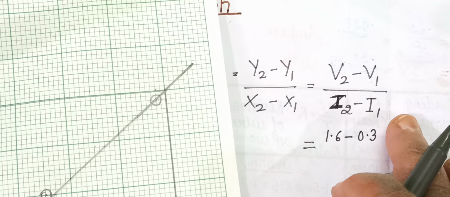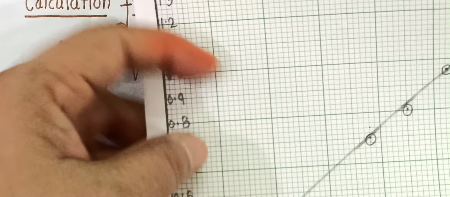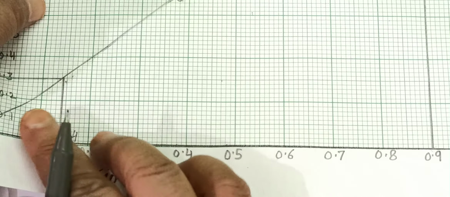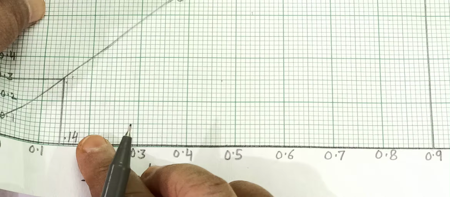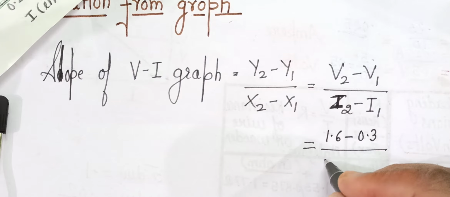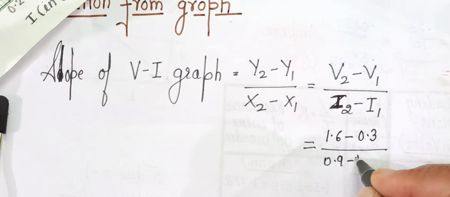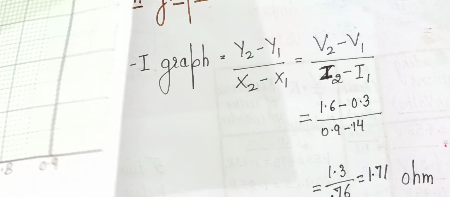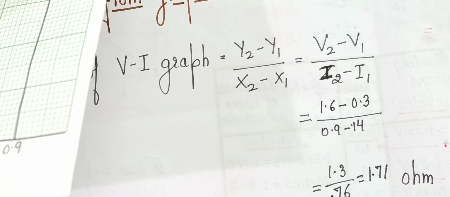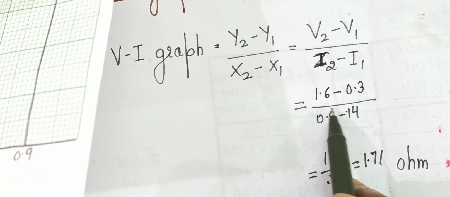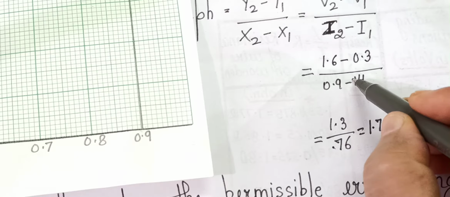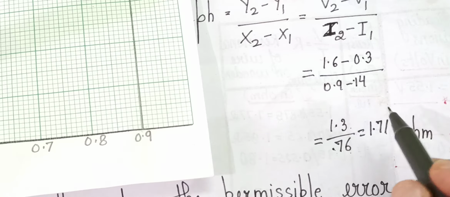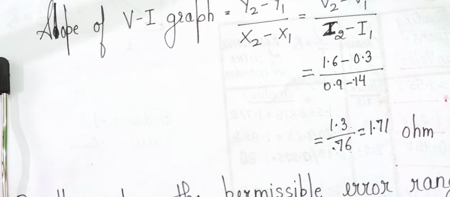Then I2 minus I1. I2 we have here as 0.9 and I1 0.14. So let me calculate it. So here it is 1.6 minus 0.3 upon 0.9 minus 0.14, and we are having 1.3 upon 0.76, which is 1.71. So now our calculation is complete.